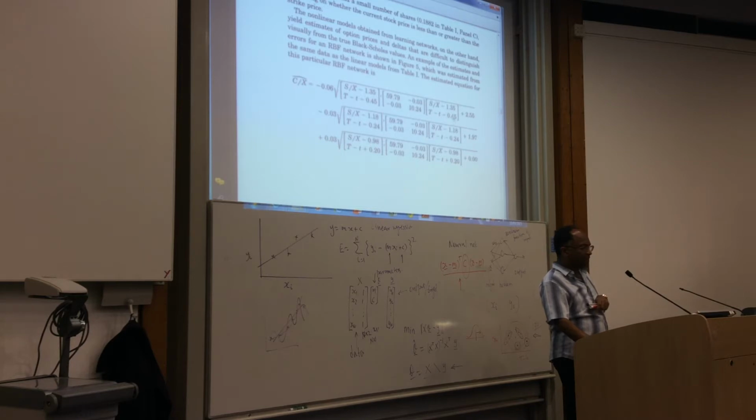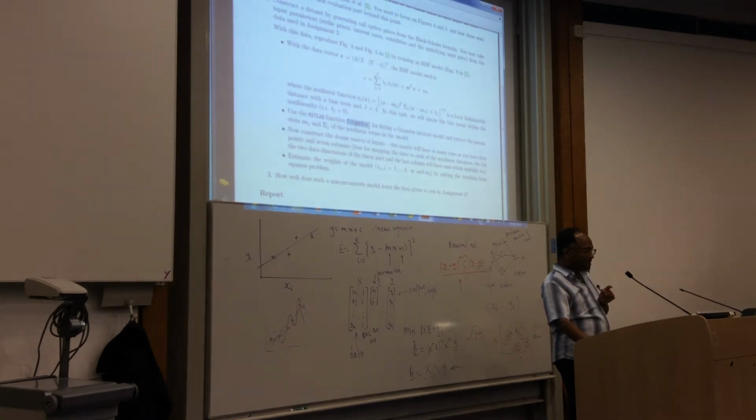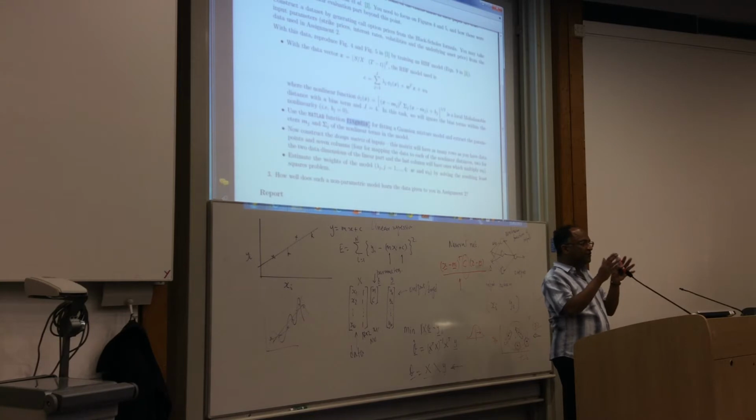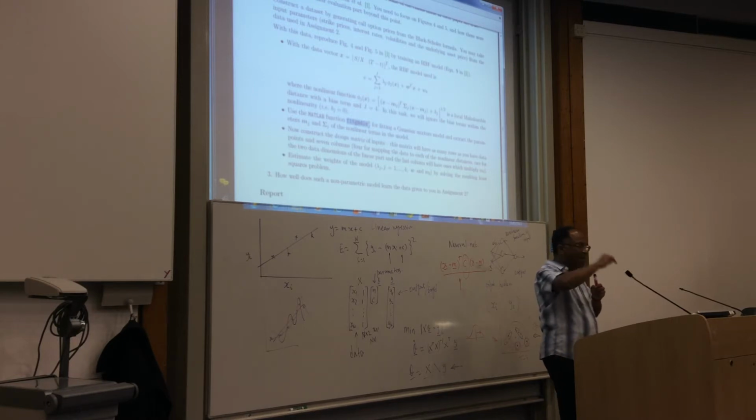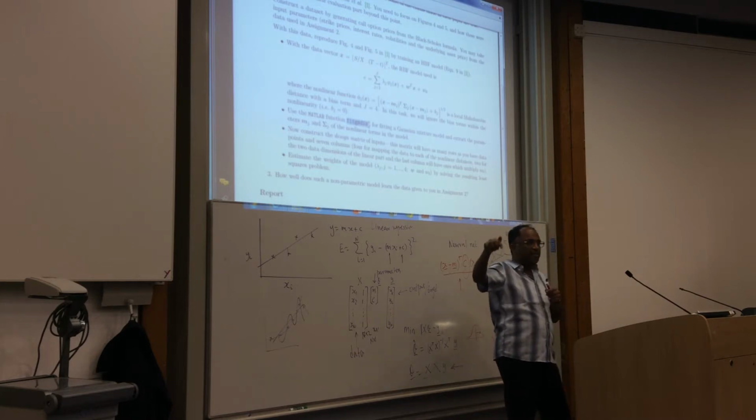So these means and local covariances will come from running this program. Once you have done that, the nonlinear part has been learned from the data in just one shot. What has to be learned then is the weights of each of those nonlinear parts and the linear part in the model.